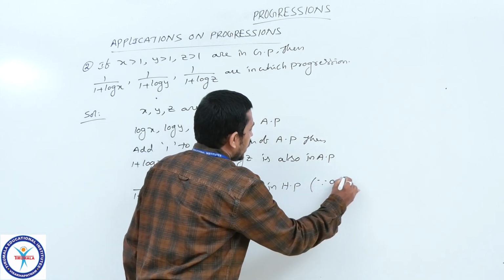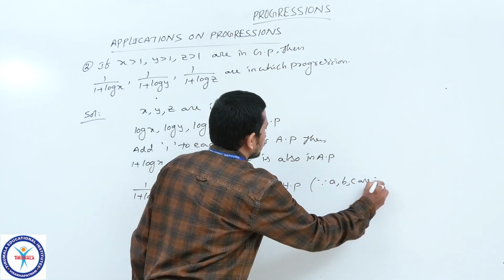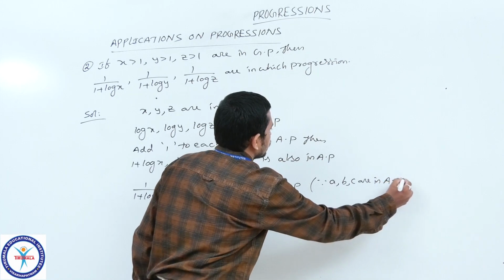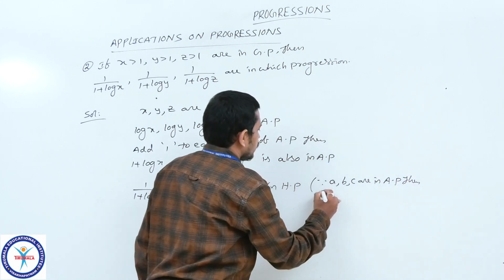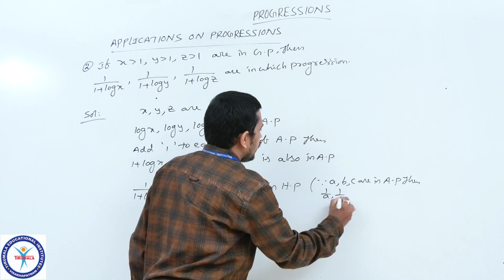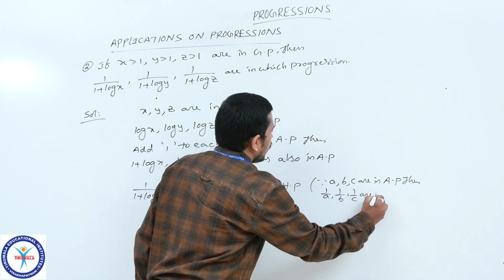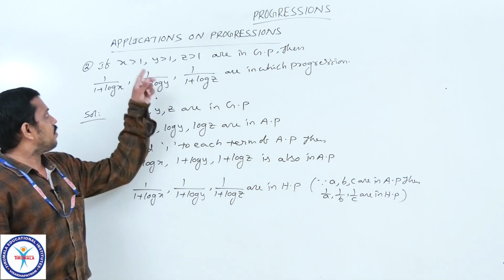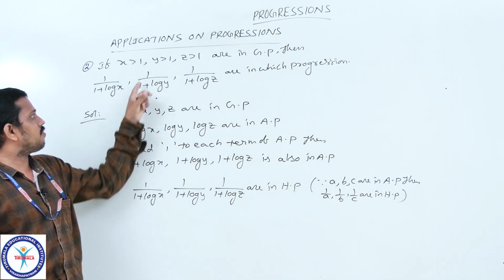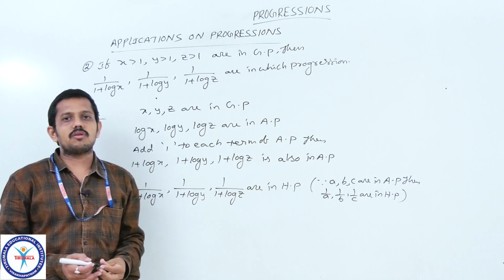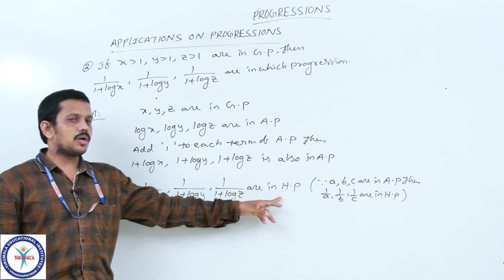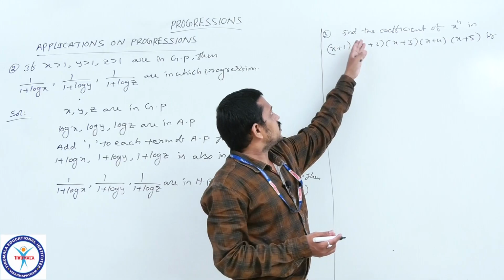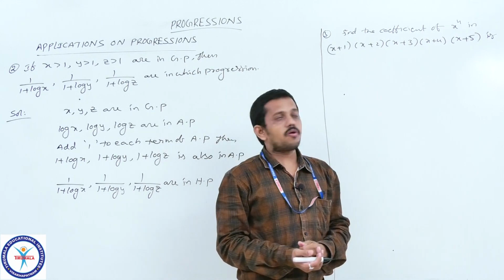Since A, B, C are in arithmetic progression, then 1 by A, 1 by B, 1 by C are in harmonic progression.